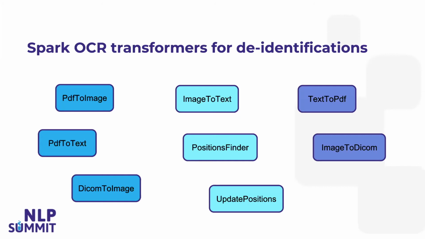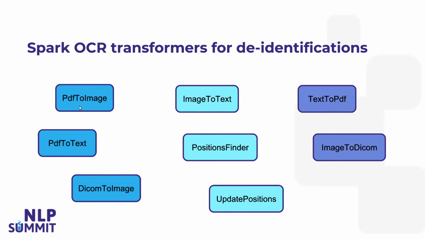And we have three main groups of transformers for de-identification. This one is for reading data, this one is for processing text, and the last one is for storing back to the original format.